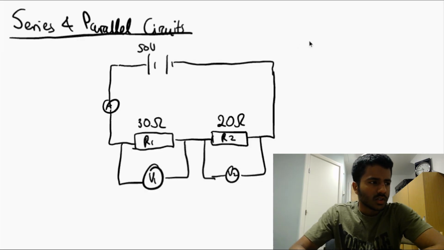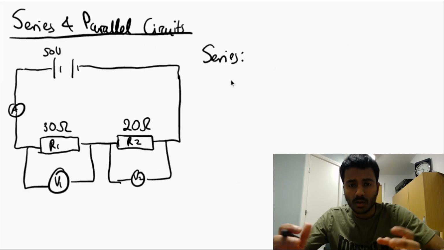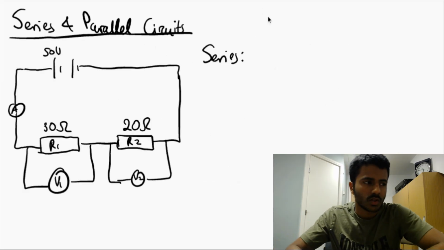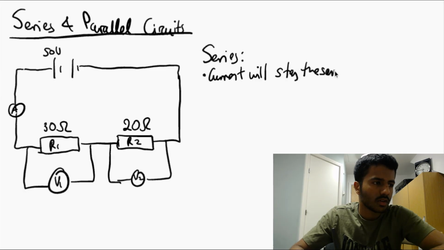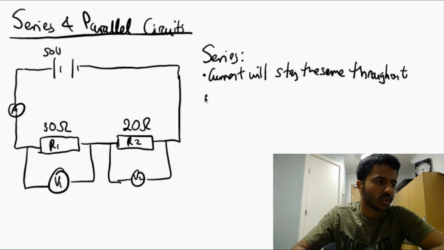Now, for series circuits, there are some properties that you need to know. So firstly, the current will stay the same throughout, and voltage will get shared.